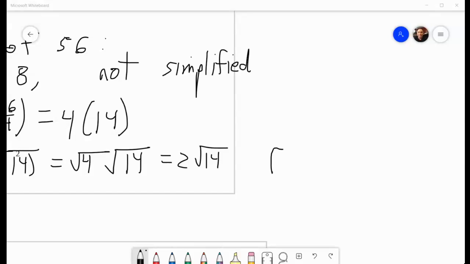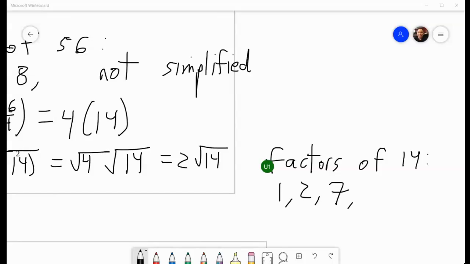So for 14, what are the factors of it? Well, we have 1, we have 2, we have 7, right? And 14, of course, and that's it. And only 1 is a perfect square. So it is simplified.